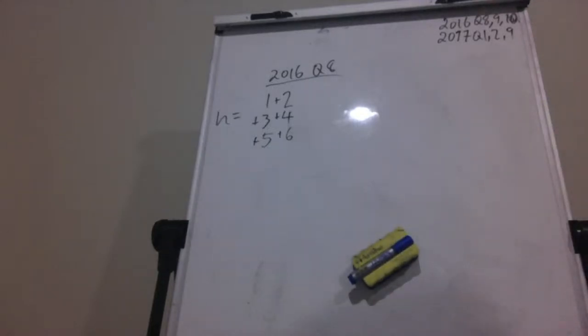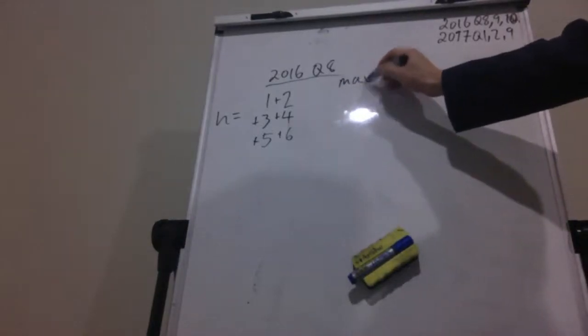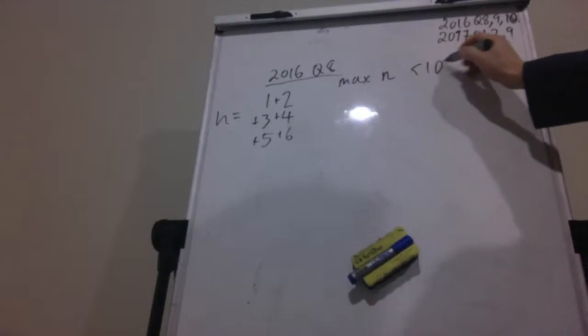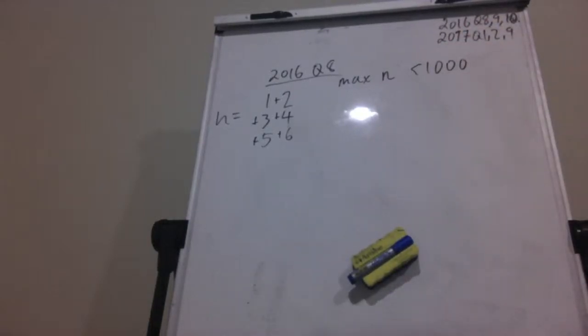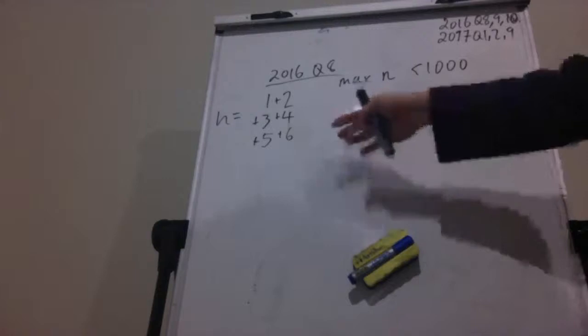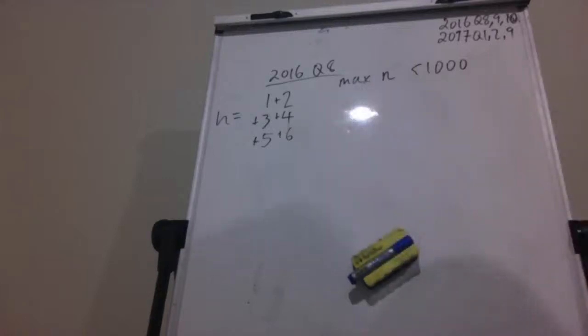We're looking for the maximum n less than 500, because we double it for the actual solution. But how do you know that the doubling also satisfies that property? Because halving it solves that property. For doubling, no, or maybe times by 4. Doesn't matter.